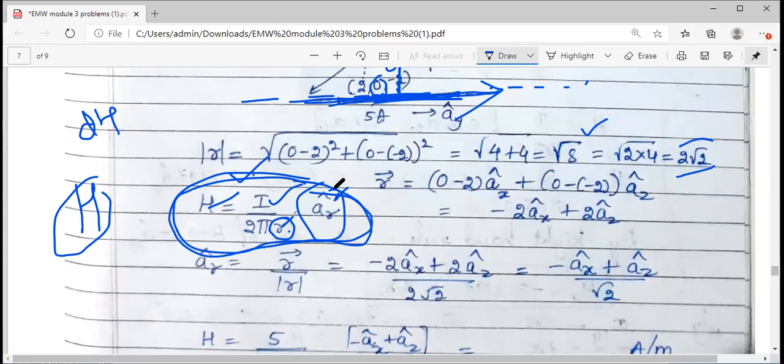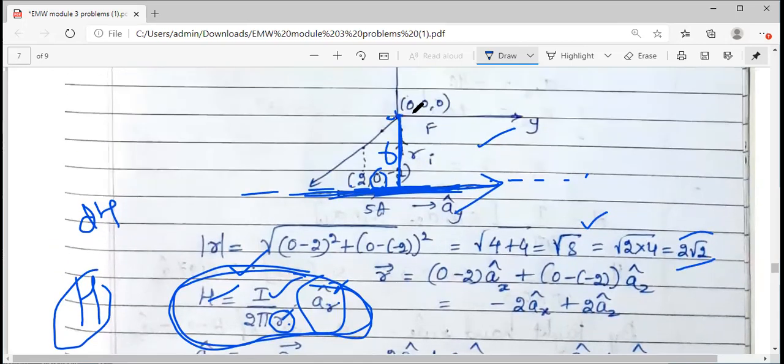And how can you find the unit vector? This AR is your unit vector in the direction. If this is your conductor and here is dL, this is your point P by Biot-Savart's law. So this distance is R, and towards point P you are finding H. So this is your AR.